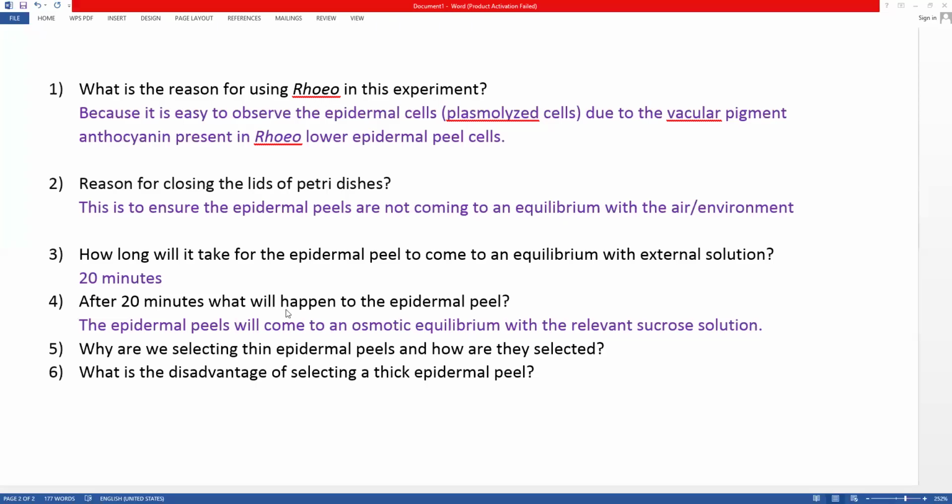Right. Why are we selecting a thin epidermal peel?